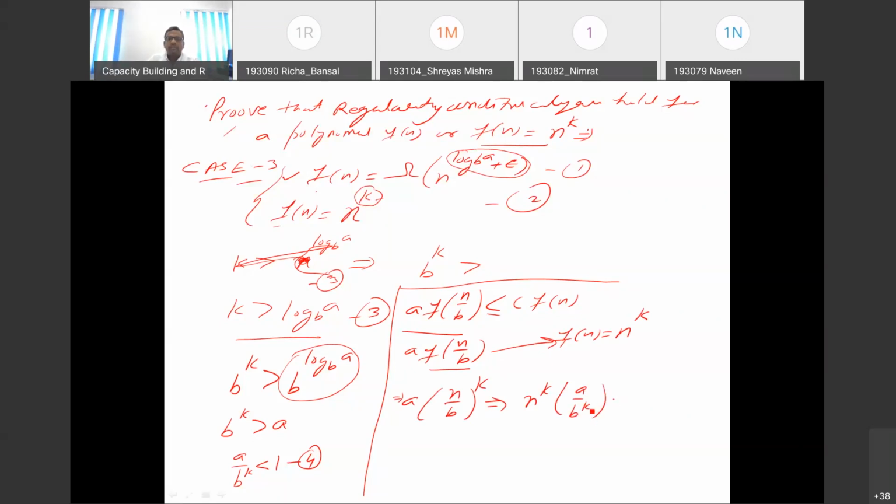And we already know that a upon b raised to the power k, assume that it is equal to c, which is a constant less than 1. So we can say that it is equal to n raised to the power k and c. Done.